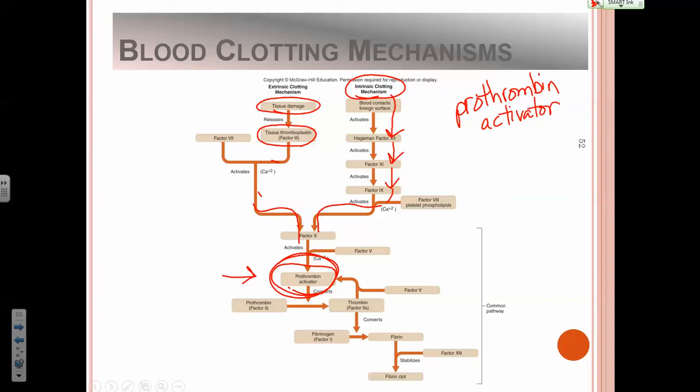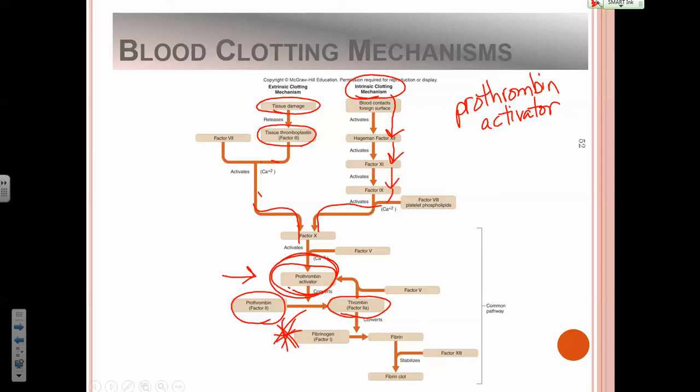Prothrombin activator is an enzyme that in turn converts prothrombin into thrombin. And then thrombin is another enzyme that, look at this, this is the main event for blood clotting. That's a big old asterisk.